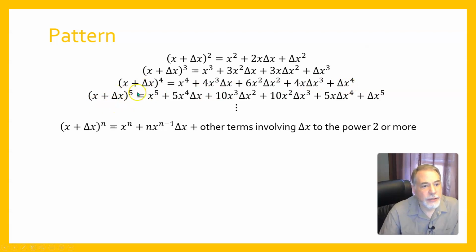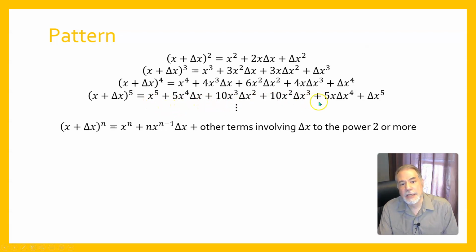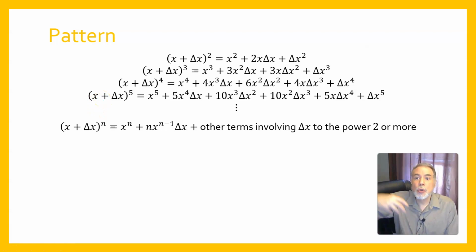X plus delta x to the fifth is x to the fifth plus 5x to the fourth delta x plus, and so on. And in general, there is something called the binomial theorem that tells you what you get when you take a binomial, something plus something else, to some whole number power and you multiply it out.